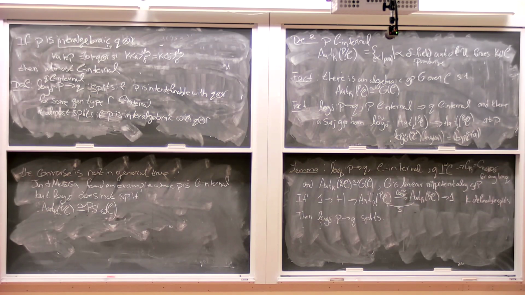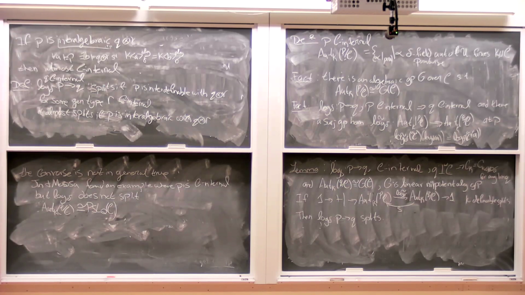We have that this is internal to the constants. Q is weakly orthogonal to the constants. And the binding group of Q, sorry, is again isomorphic to G, where G is a linear nilpotent algebraic group. Then the following are equivalent.